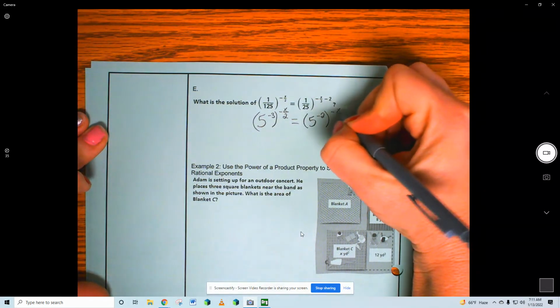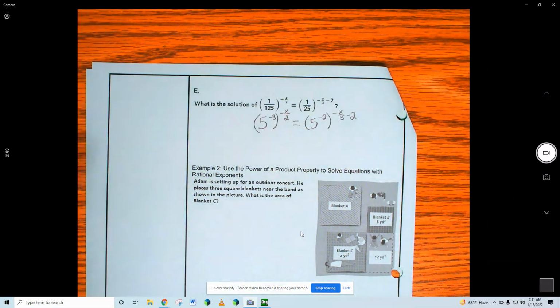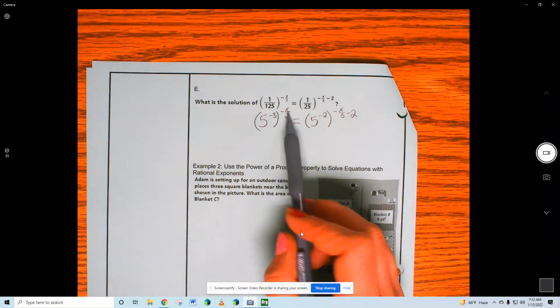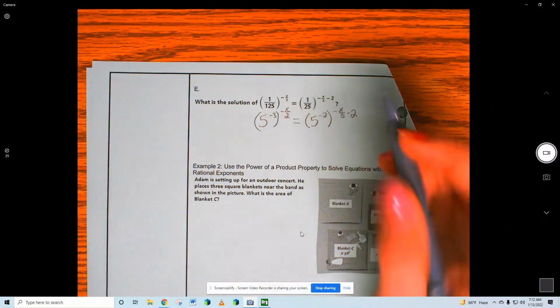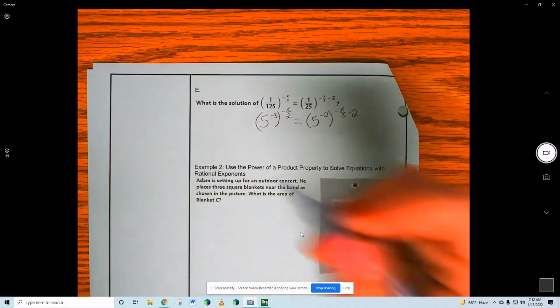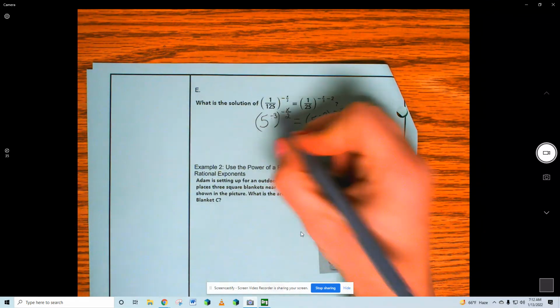Negative x over 3 minus 2. This is still distributive property. Well, on the right side, it's going to be distributive property. I'm going to multiply negative 3 times negative x over 2. The 5s are both the same. The bases match up.